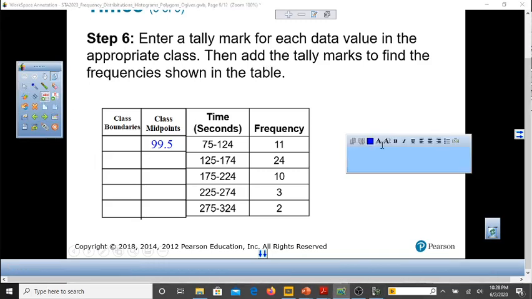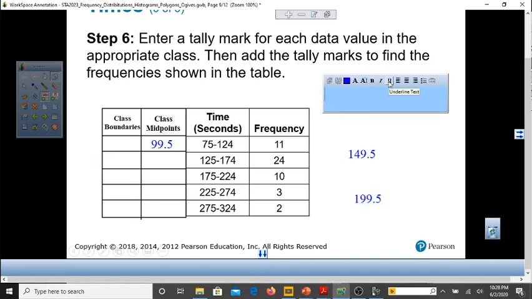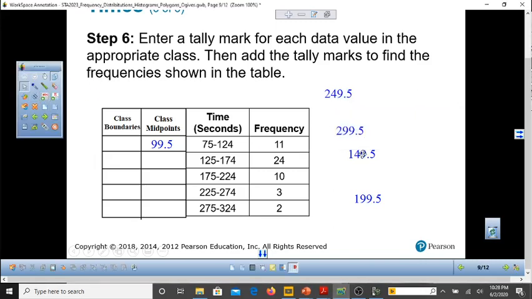So I'm going to do 149.5, and I'll just put those in, then 199.5, and then I'll put in 249.5 because I just keep adding 50. Then I'll put 299.5, and that will be my last. So I'm just typing them in here. Those are my class midpoints.